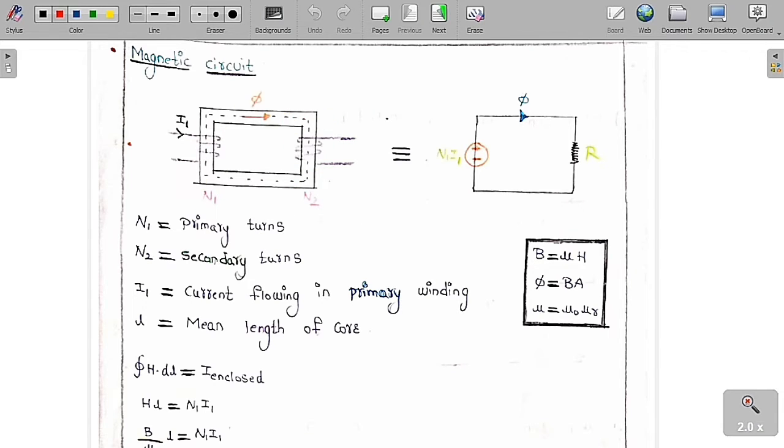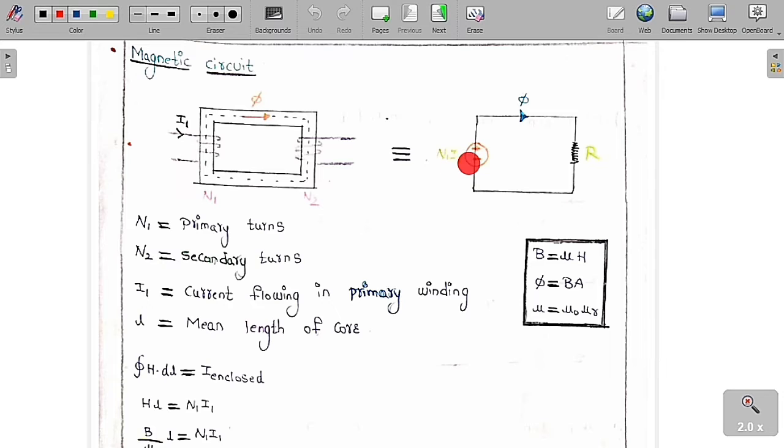Now I am going to convert this magnetic circuit into an equivalent electric circuit. Here flux will be like current, and the reluctance of the core is like resistance, which is equal to R. The voltage is the MMF, which is N1 into I1.